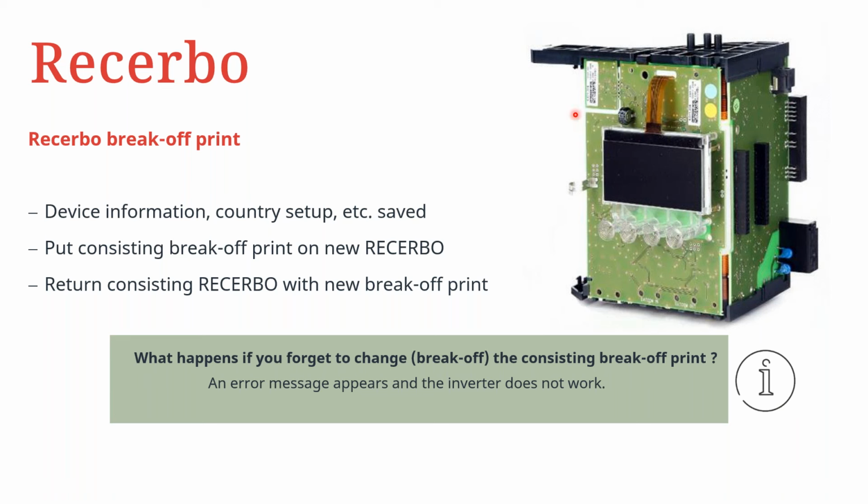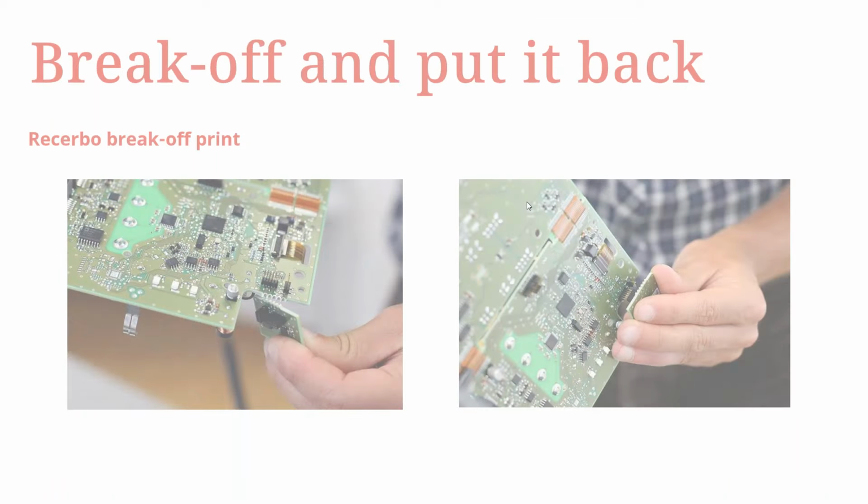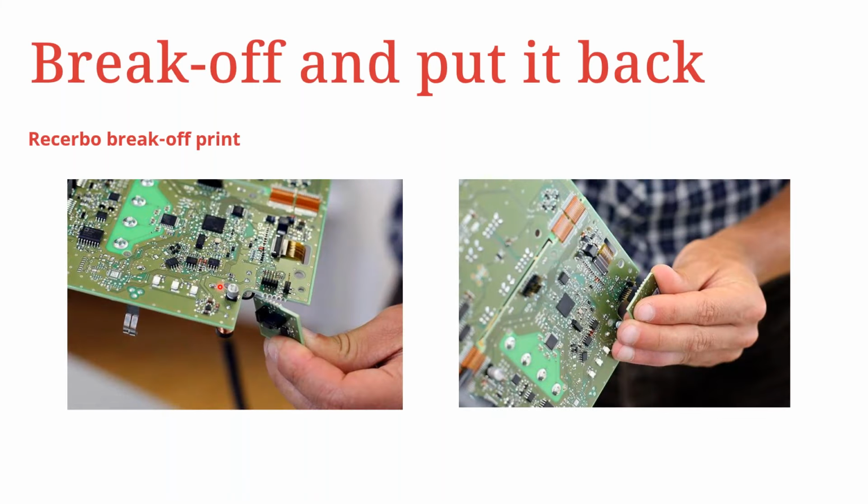Once you do so, the entire information about the previous inverter has been transferred to the new one. So you don't have to make any changes in terms of, say, the menu information, the country menu, and the like. Everything has previously already been stored in this chip. So to put it in context, or to make it clearer, this is exactly what I mean.